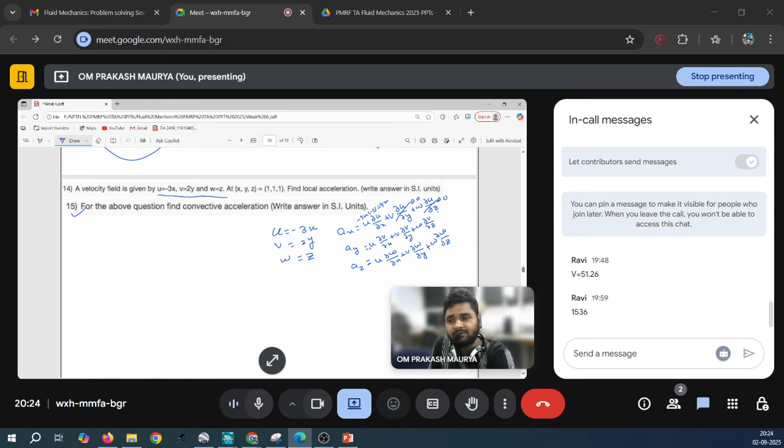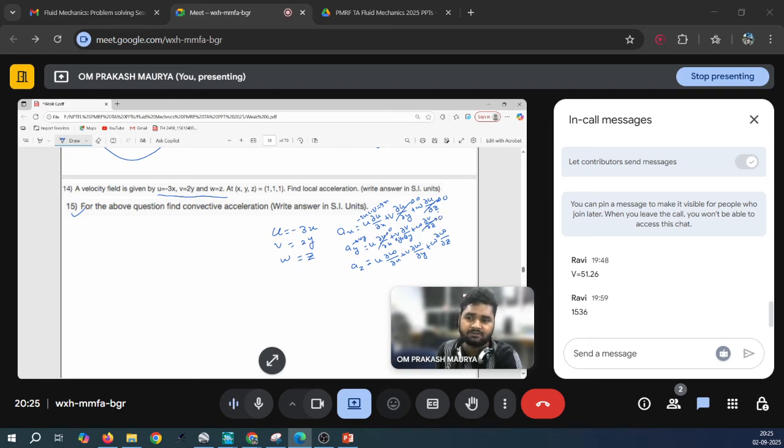Now coming to the ay. So ay here, u is minus 3x, but whether your v is a function of x, no, so this will be 0. V is your 2y, and v is a function of y, yes, and again you will get 2, so this is your 4y. And whether your v is a function of z, no, here is only y, so this is again 0.